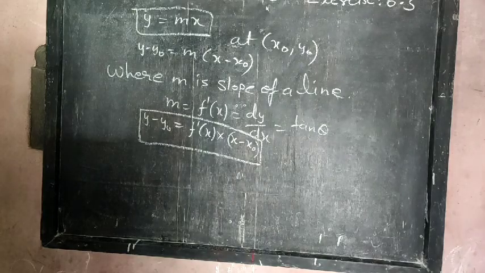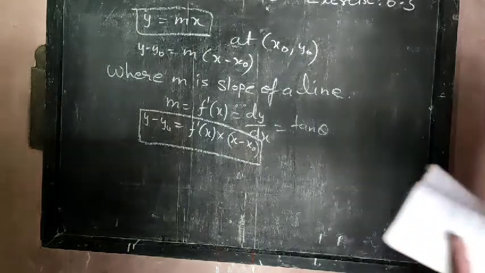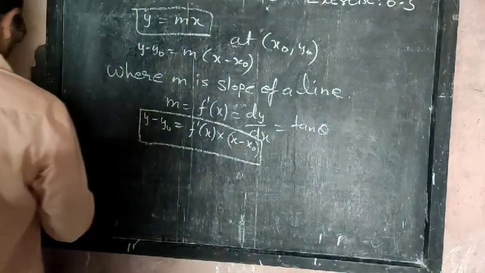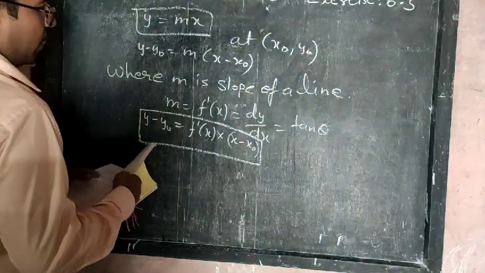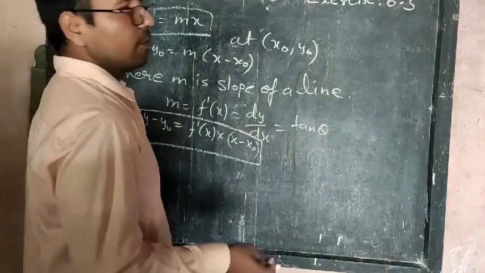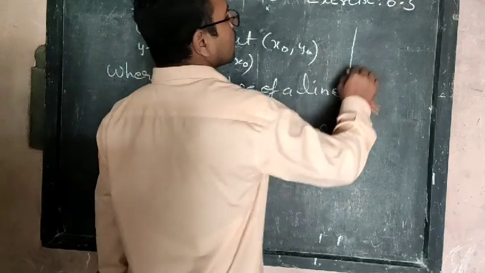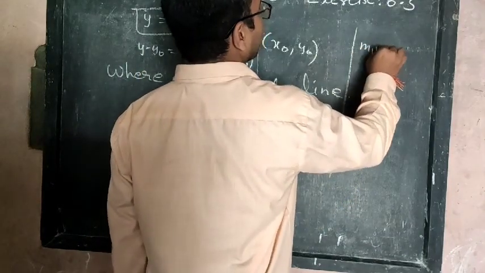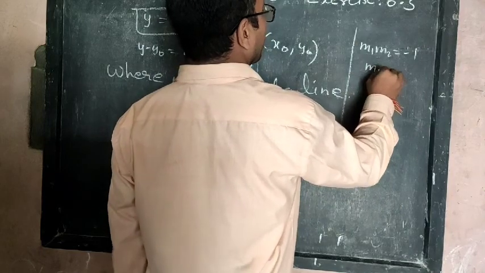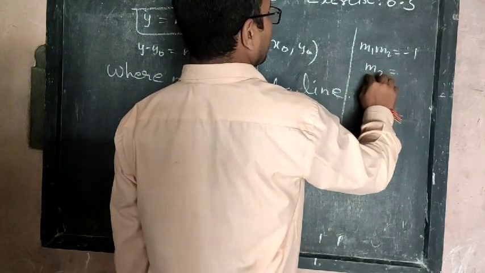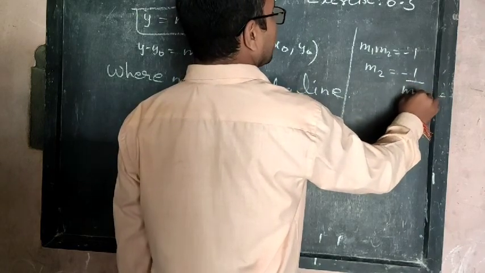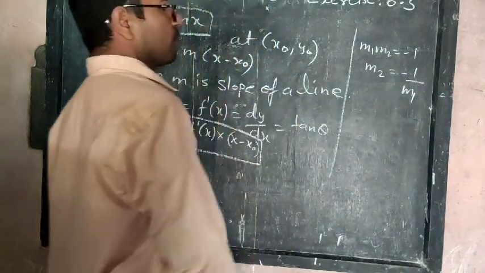So now the next point is that we have to find the equation of the normal. For the equation of the normal, the slope will be minus 1 by f dash x, or minus 1 by tan theta. As we know for the normal, m1 m2 is equal to minus 1. So if you want to calculate m2, the slope of the normal, it is minus 1 by m1.